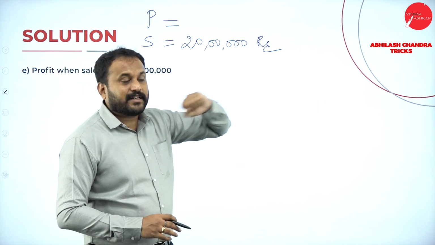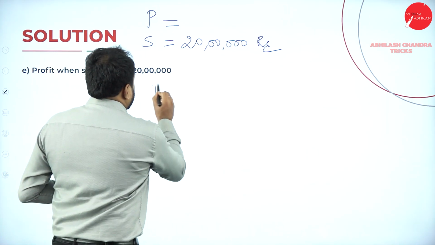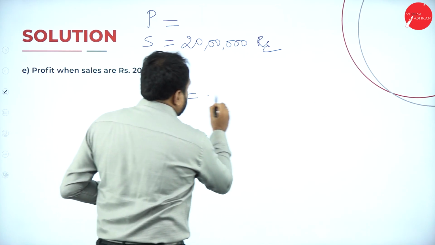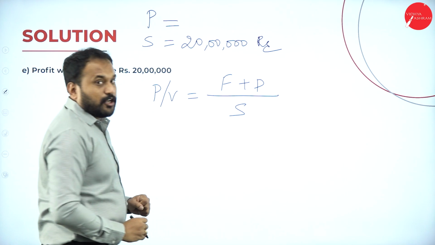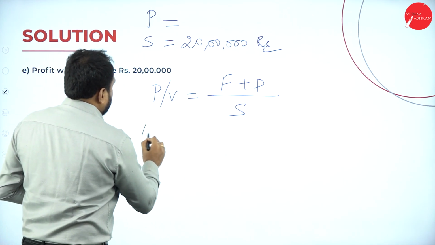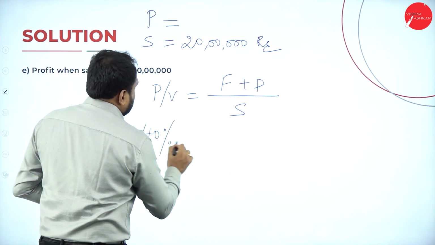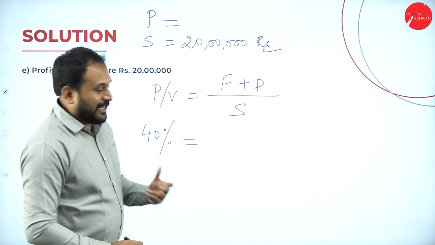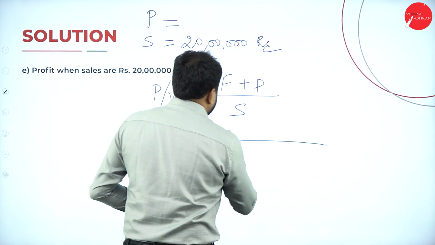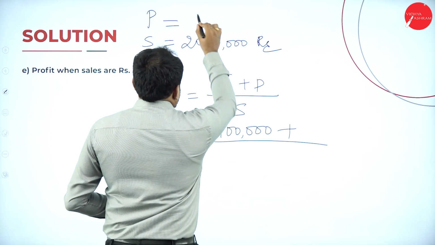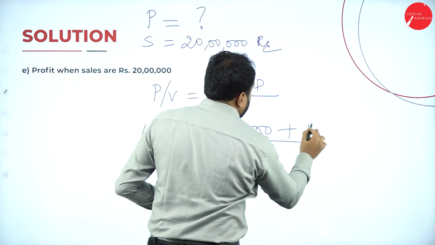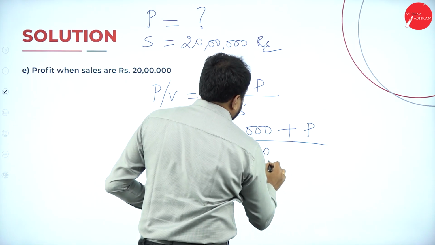Abhilash Chandra trick: we have a problem, we have the solution. PV is equal to F plus P divided by S. Now PV we already know. 40% is equal to, fixed cost will never change, fixed cost is same in the problem, 1 lakh, plus profit I need to find, so it is P here, sales is 20 lakh.